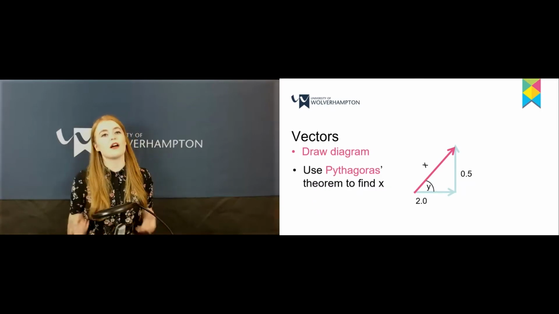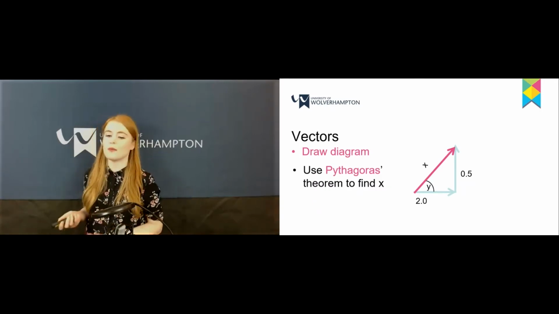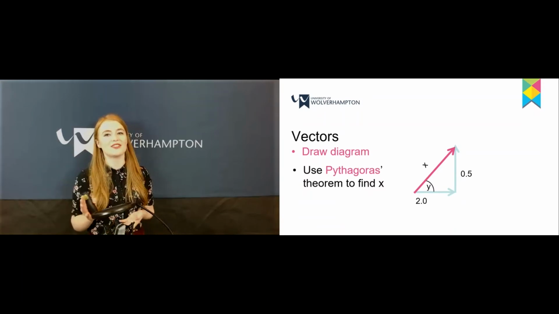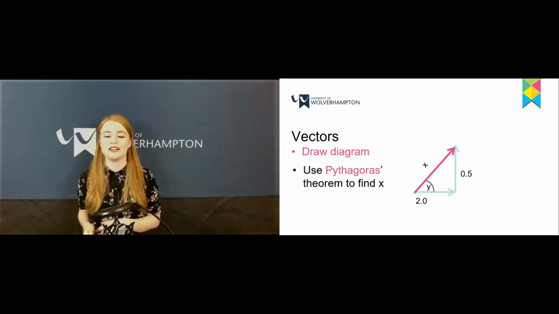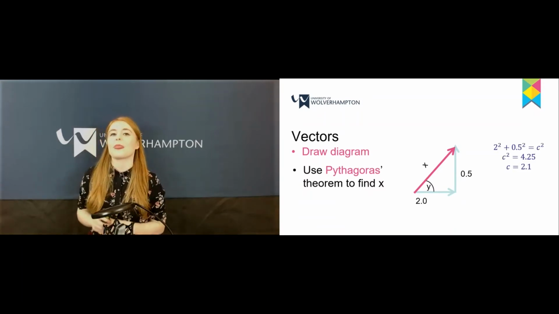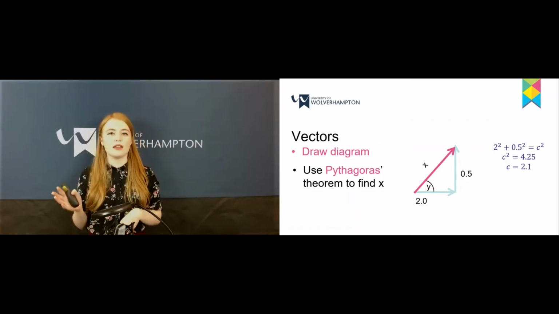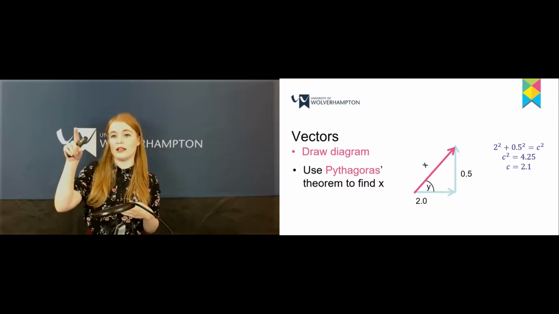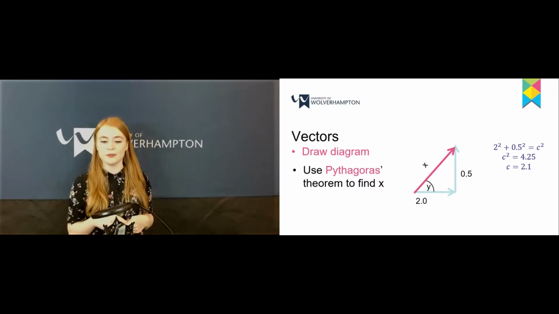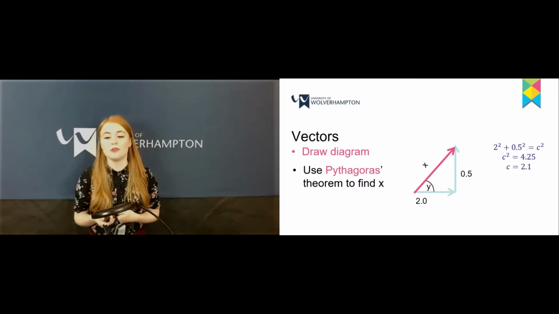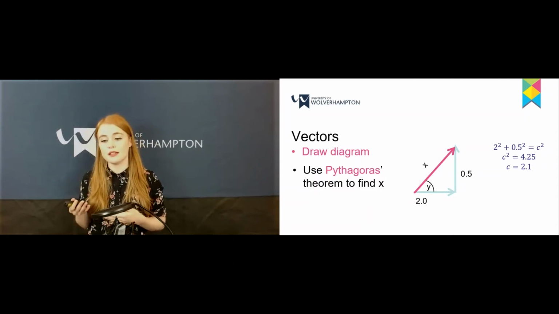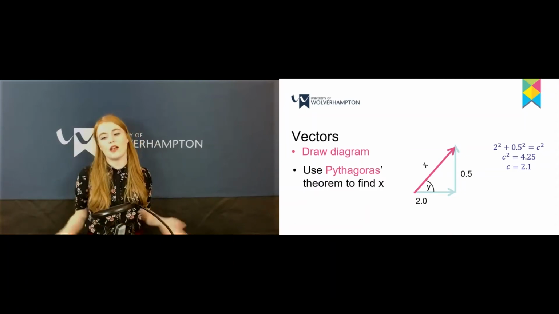So we've got our good old friend Pythagoras, and we can find x because it's a right angled triangle and we've got two sides. So a squared plus b squared equals c squared, where c squared is the hypotenuse, which is the long slanty side of the triangle. So 2 squared plus 0.5 squared equals c squared, and then we take the square root, and there we have it.